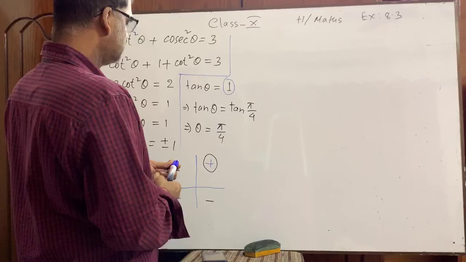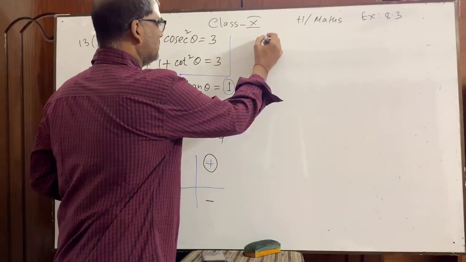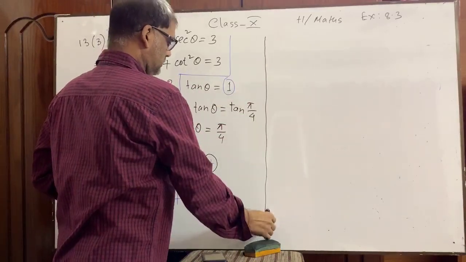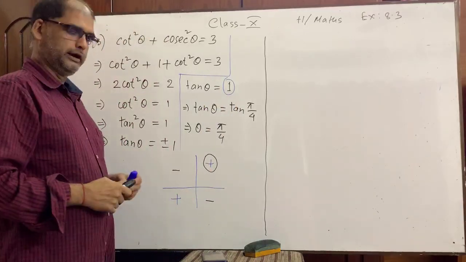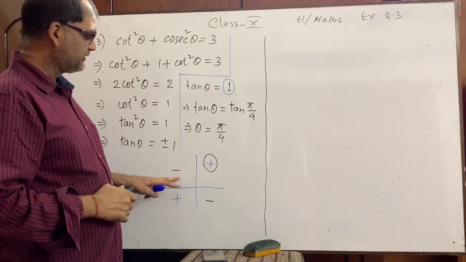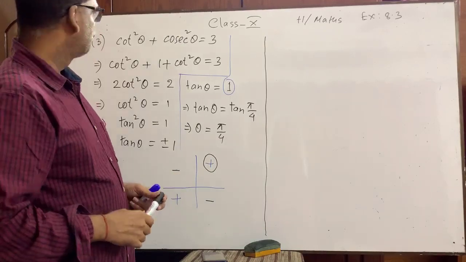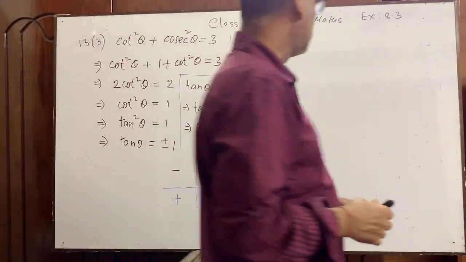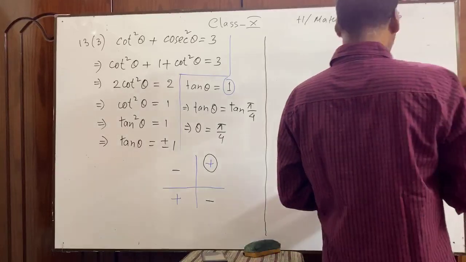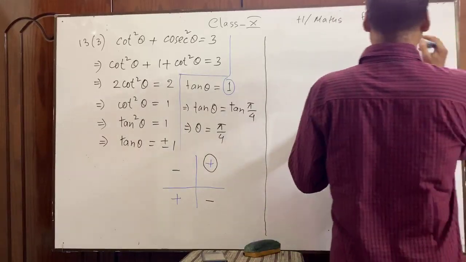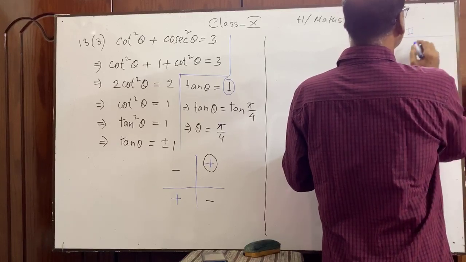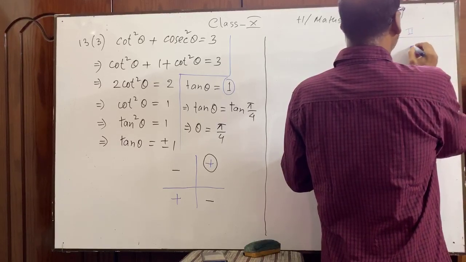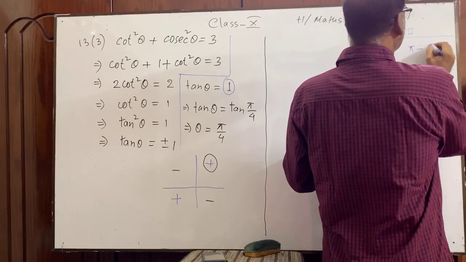Now, I am going to the second quadrant. This is positive, this is negative. For your kind information, you all please write down. For second quadrant, the formula is pi minus theta.